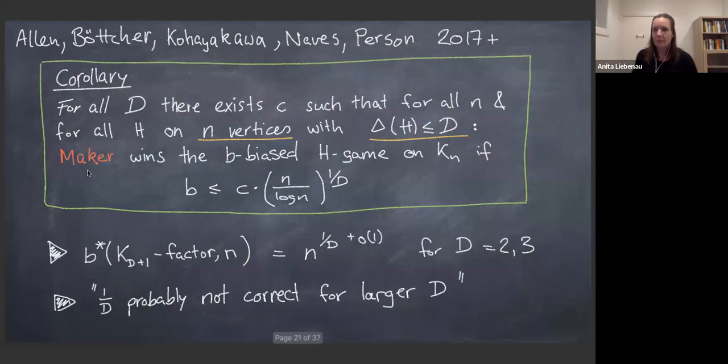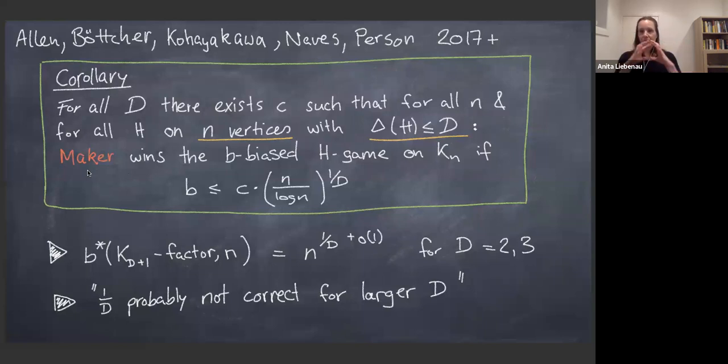So here's the summary of what they do for the clique factor game in that paper. They show that the bias is of the order n to the 1 over d plus some little o of 1 in the exponent when d is 2 or 3. And they also say that probably the 1 over d is not correct when we go to larger d. So they already have some heuristic or some ideas why the 1 over d might not be correct. And remember that their result really gives something universal.